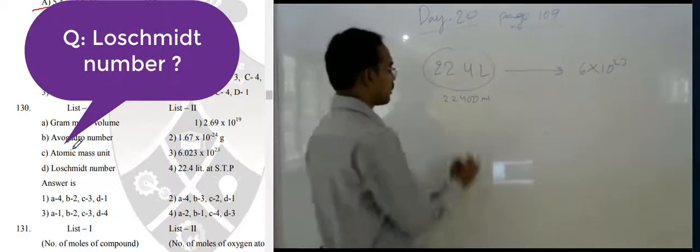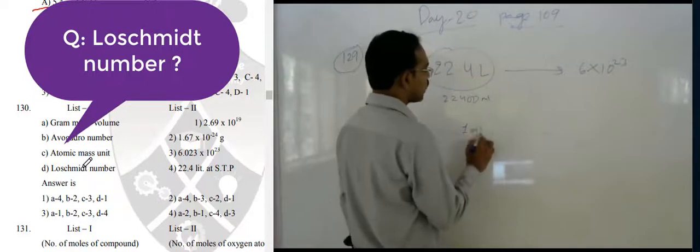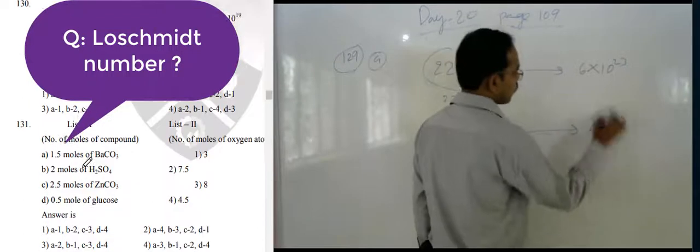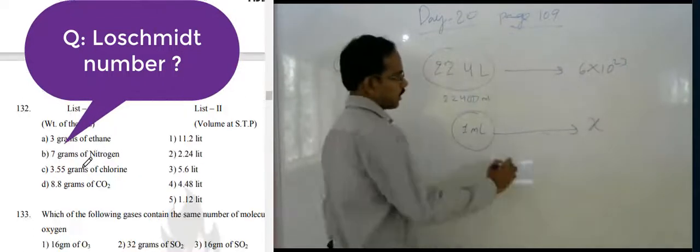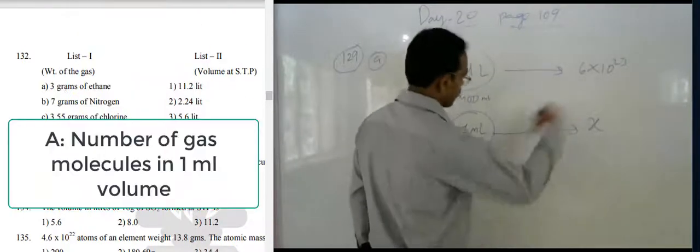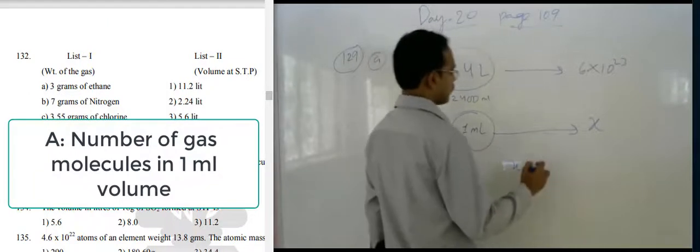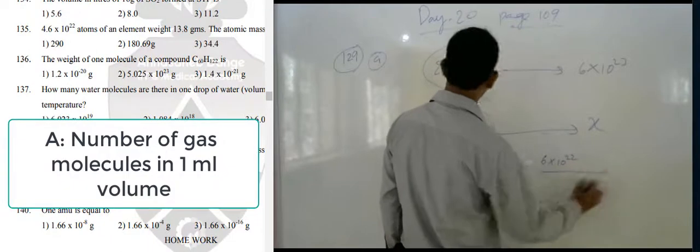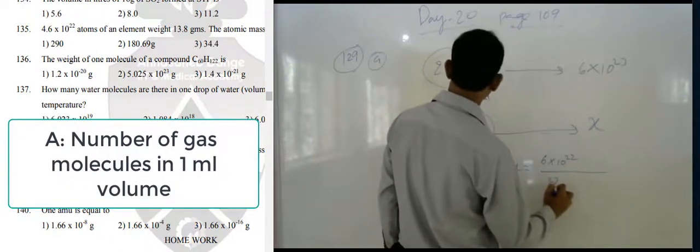Okay, now I'm calculating in 1 ml how many? Don't know. X. Then X equal, these two equal to this one. So 6 into 10 power 23 upon 22,400.